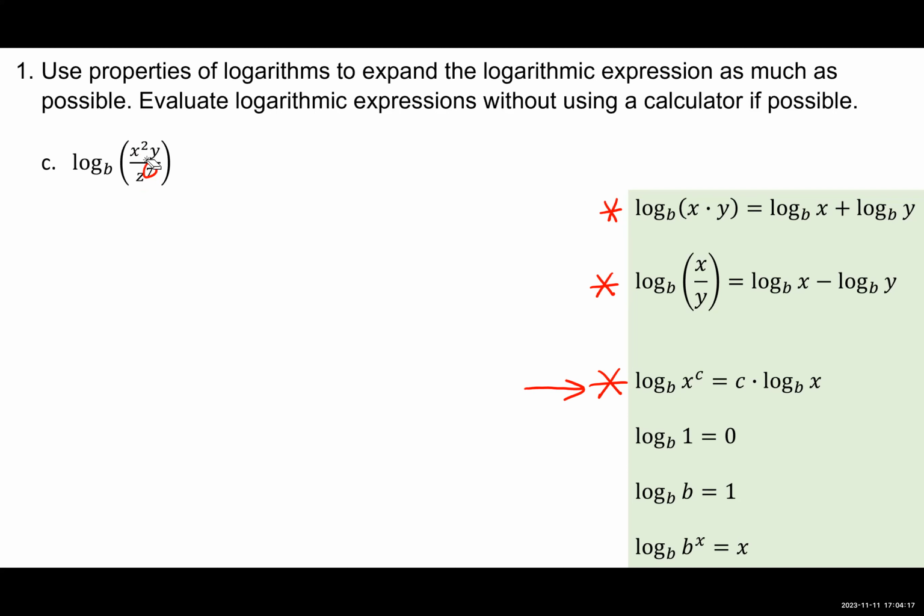Nothing applies to the y. But the fraction rule, this is the top of the fraction, the numerator, and this is the bottom. This applies to the whole argument. So it looks like we have to start with the quotient or fraction division rule.